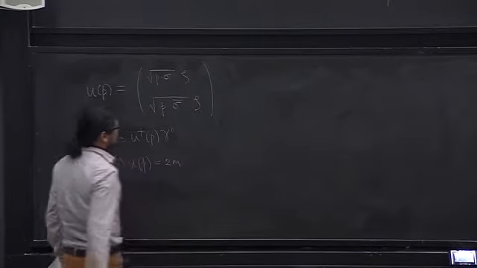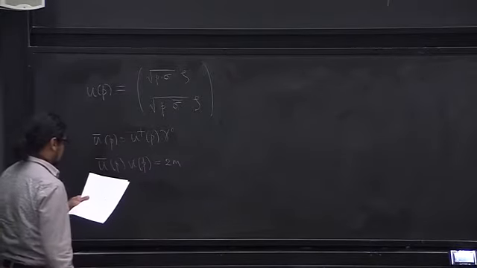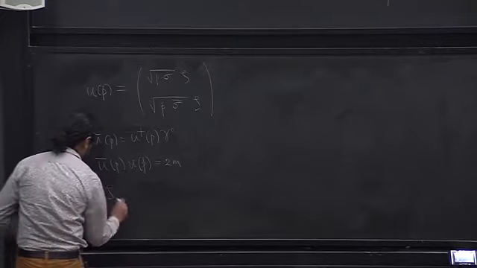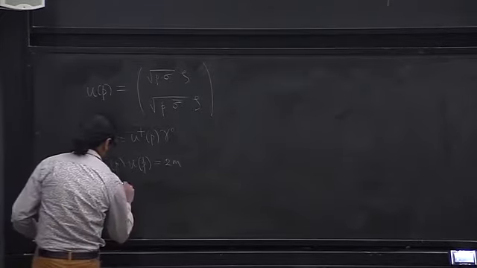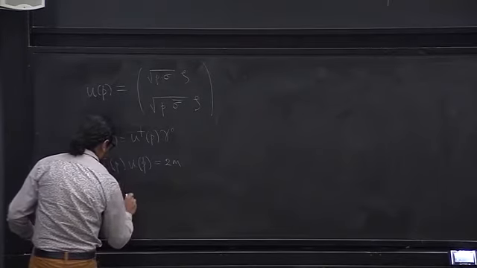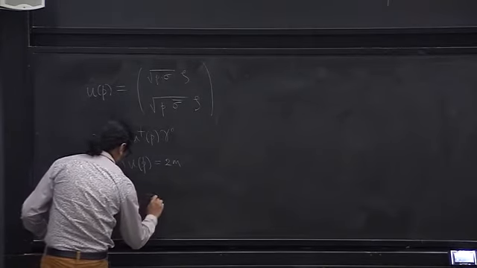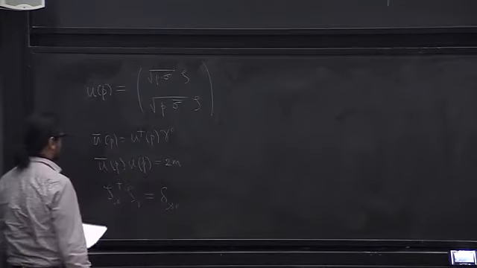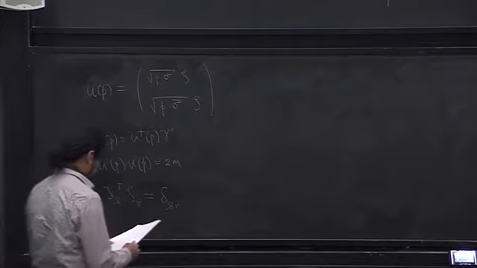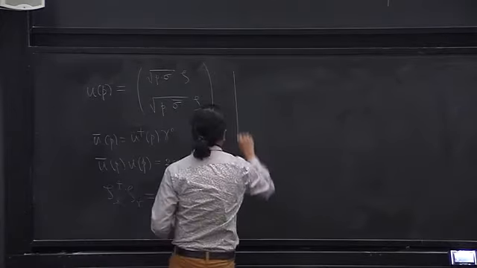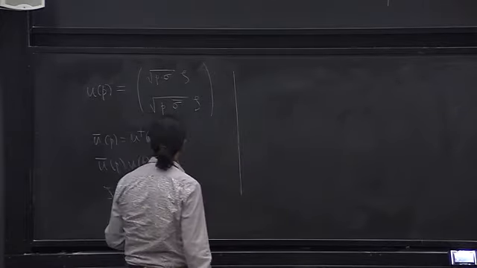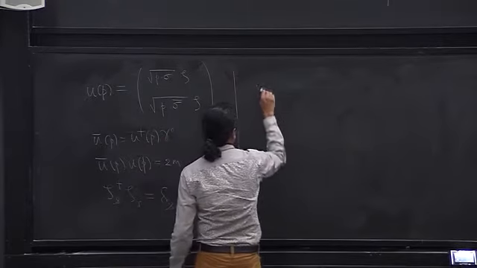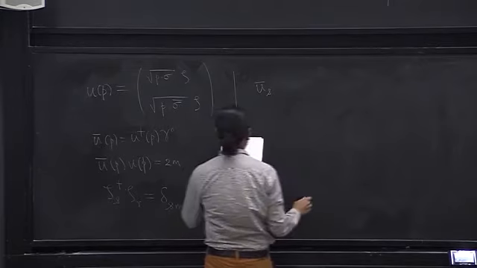So zeta is a two-component object. So it has two linearly independent parts. So we can call these s. We can label them. And then we can choose them to satisfy this orthonormality condition. If you do this, then corresponding to these choices of zeta, we get u bar labeled by s.